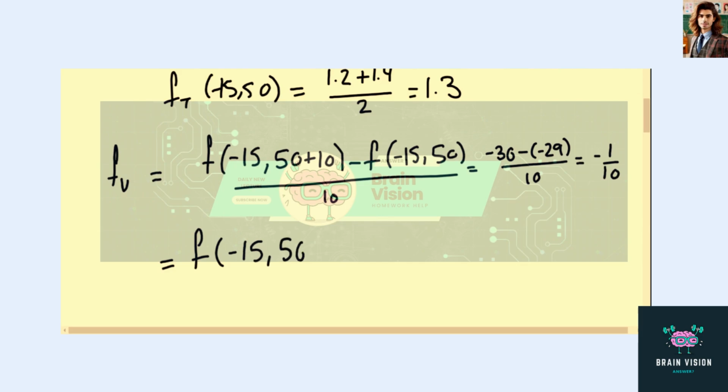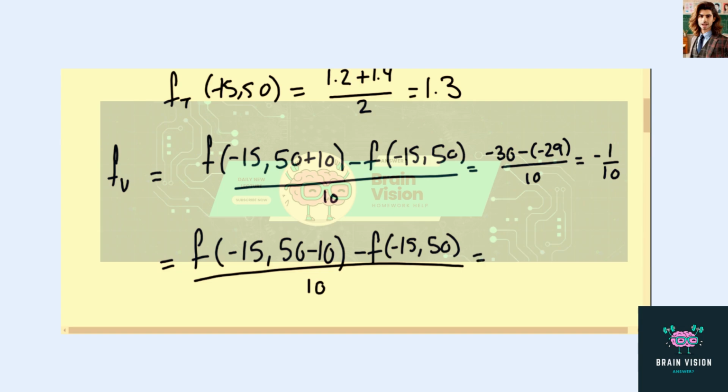And so now we'll do the same thing, but subtract instead. So we're going to get 50 minus 10. But then the rest of it is going to be identical. Subtract the function at negative 15 degrees and 50 for wind speed. Divided by 10, this is negative 27 minus negative 29 over 10 over negative 10.